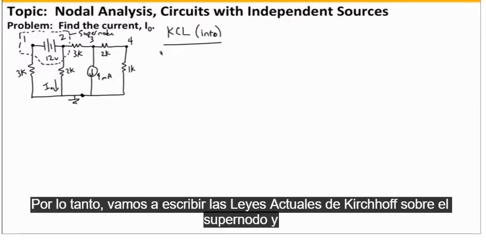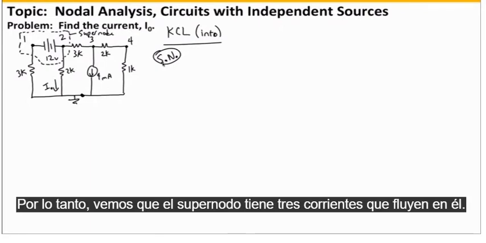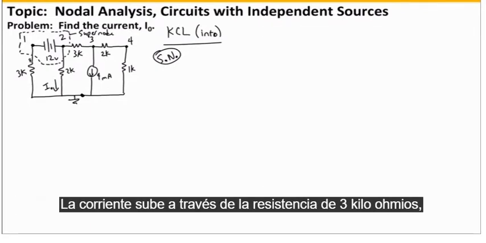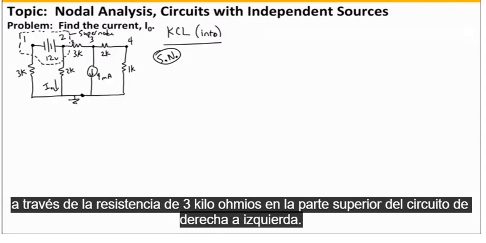So we're going to write Kirchhoff's current laws about the supernode and the other nodes in the circuit. We see that the supernode has 3 currents flowing into it: the current up through the 3 kilo ohm resistor, the current flowing up through the 2 kilo ohm resistor, and the current flowing through the 3 kilo ohm resistor at the top of the circuit from right to left.